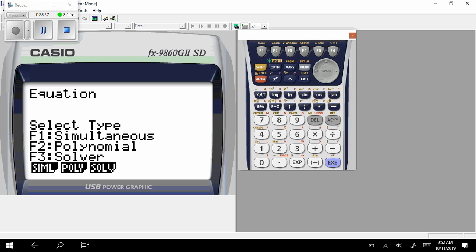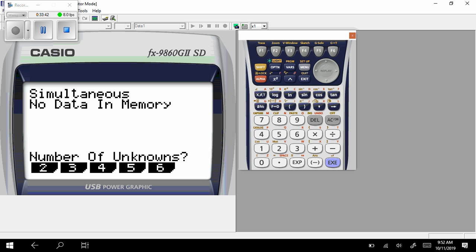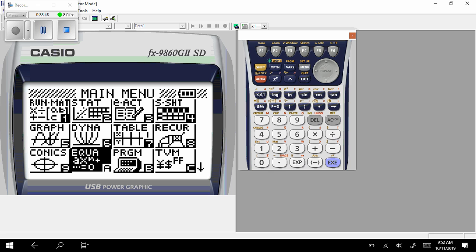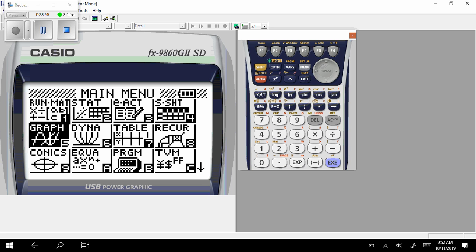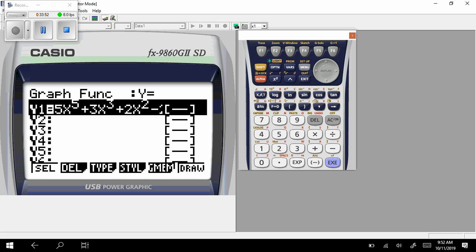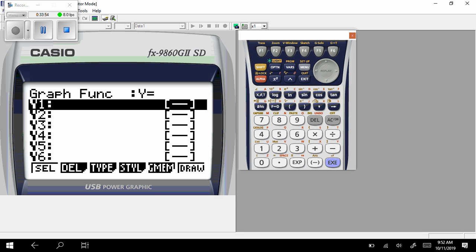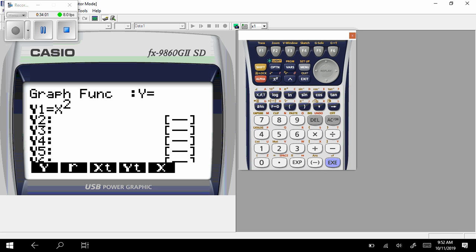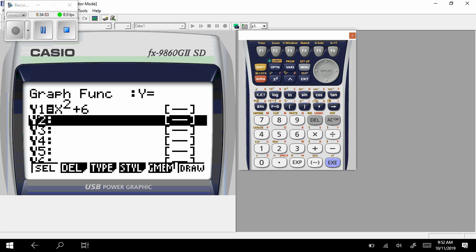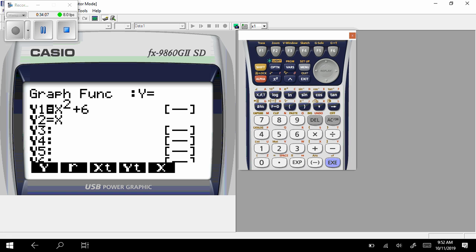Since we've got 2 equations, we're doing simultaneous, which is F1. Oh wait, it's got an x squared in it. We can't do it that way. We've got to do the graph. So our first equation is x squared plus 6. The second equation is x plus 8.